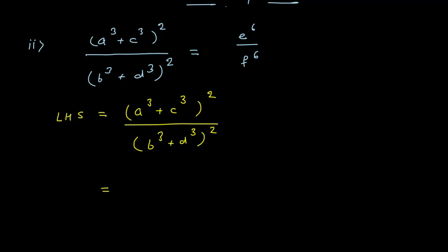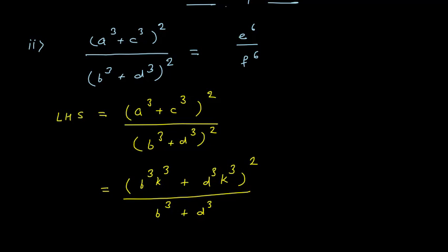Now this A we can write as B into K. So here it will become B cube into K cube, and this C will become D cube into K cube, the whole square, and divided by, here in denominator we have B cube plus D cube the whole square.